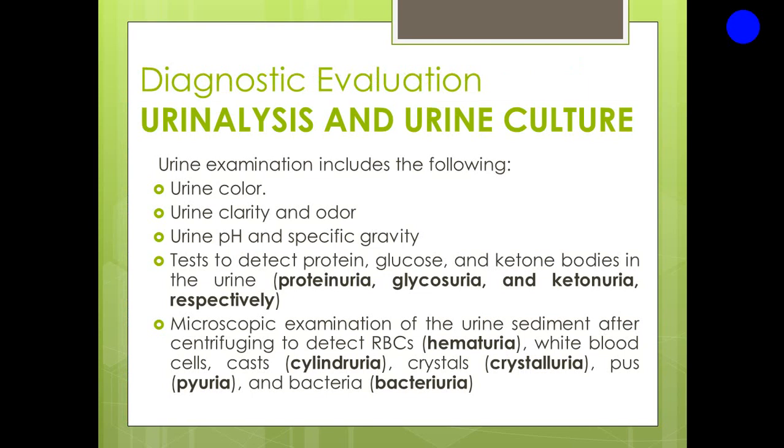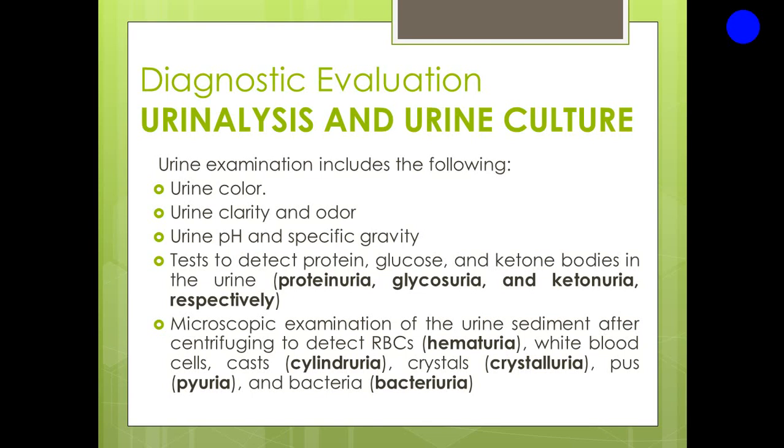The urine examination includes the following: urine color, urine clarity, urine pH and specific gravity, and tests to detect protein, glucose, and ketone bodies in the urine, proteinuria, glucosuria, and ketonuria, respectively.